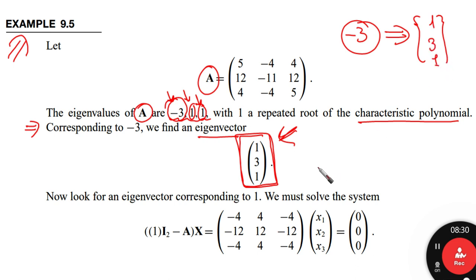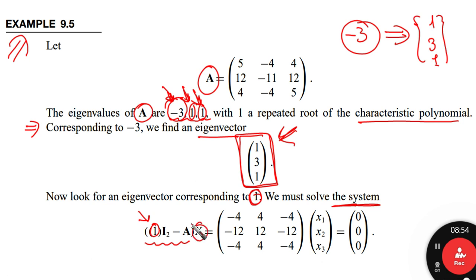Now let's look for an eigenvector corresponding to 1. We must solve this system, substituting 1 instead of lambda as in point 2 in our theory.